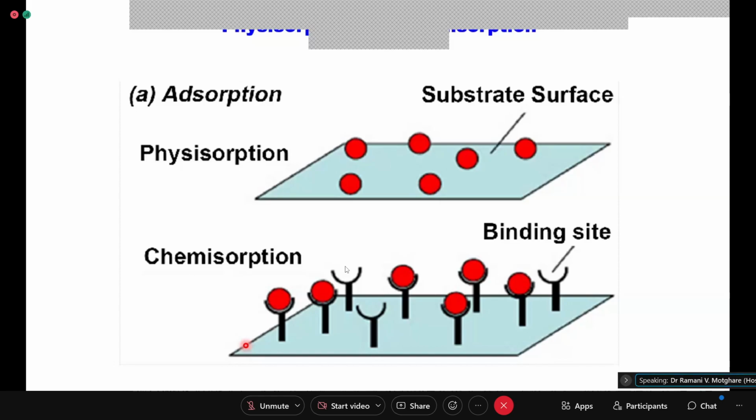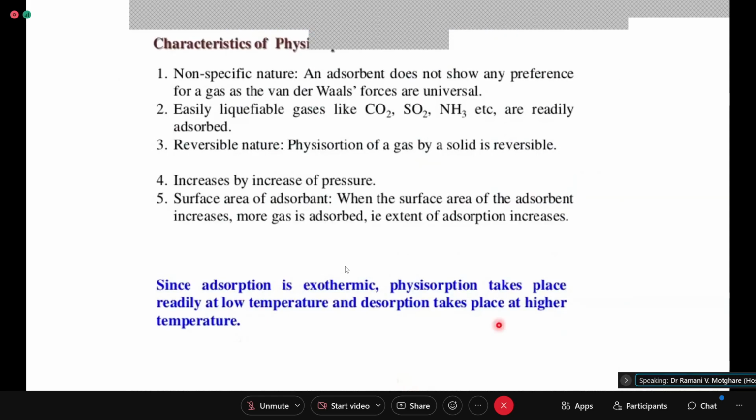So that is there. Coming to the characteristics of physisorption, it is non-specific in nature. Easily liquefiable gases like CO2, SO2, NH3 (ammonia) get readily adsorbed. It is reversible in nature. It increases with an increase in pressure.